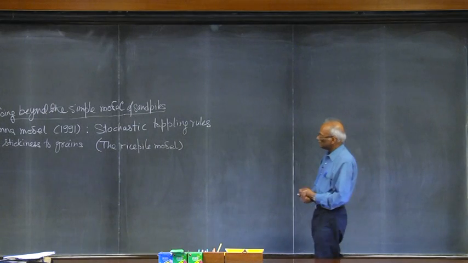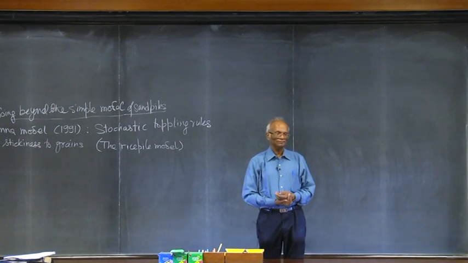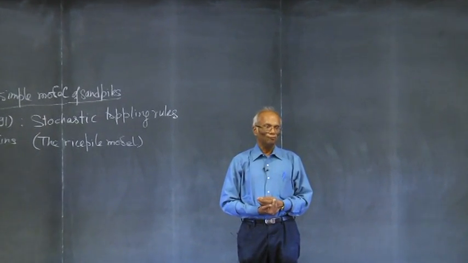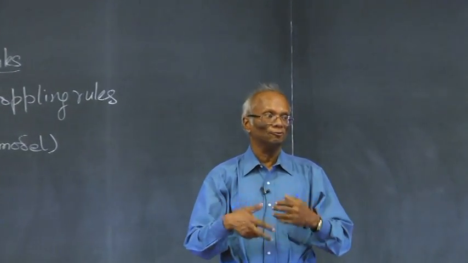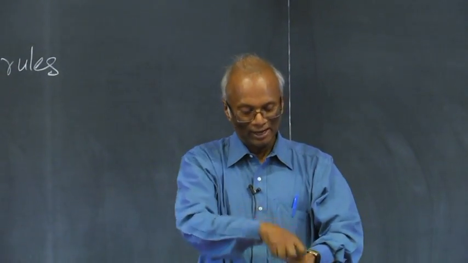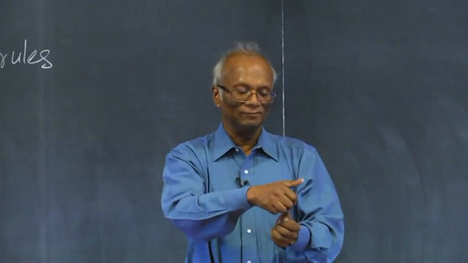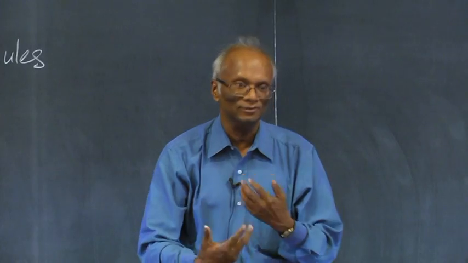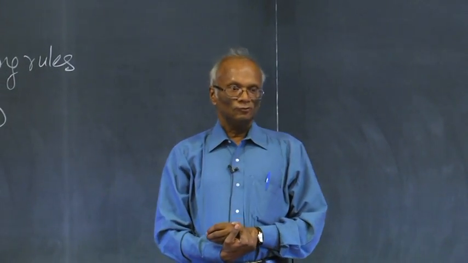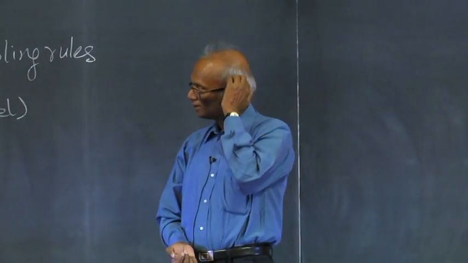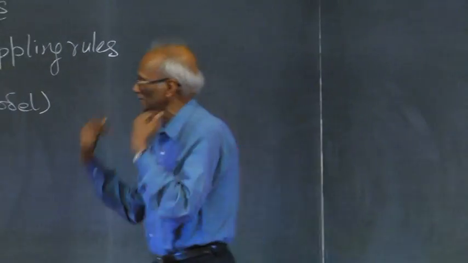So, even the critical height may depend on the local geometry, and it may not always be the same. If the grains sit in some way slightly vertical, then fewer grains will become more unstable or some such thing. So, we thought let us see if we can understand this model.